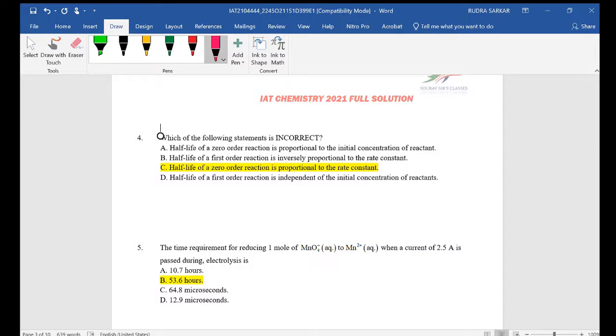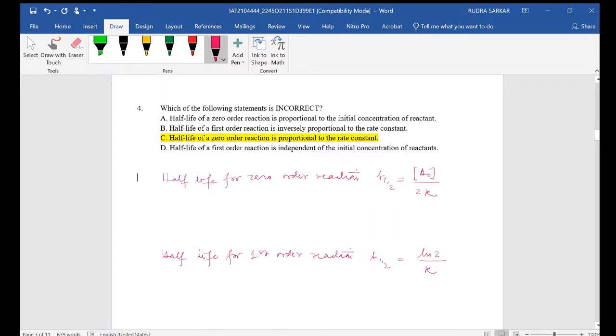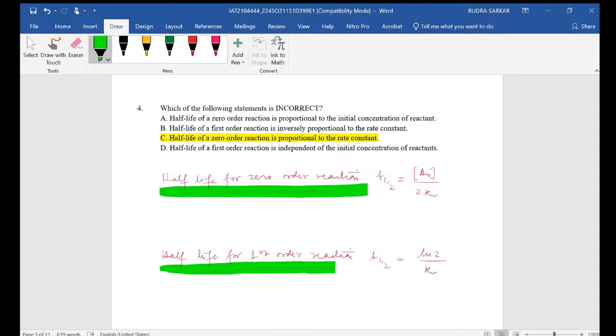So the explanation can be done by considering the equations, which is as follows. The equation for half-life of a zero order reaction is this one, and the half-life for a first order reaction is this one. As we can see from the equations itself, the first statement says half-life of a zero order reaction is proportional to the initial concentration.